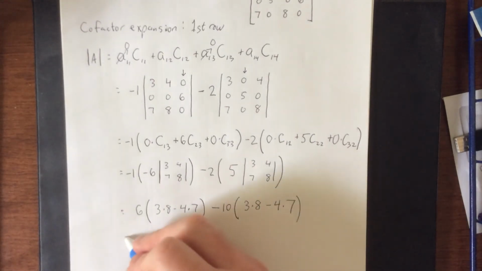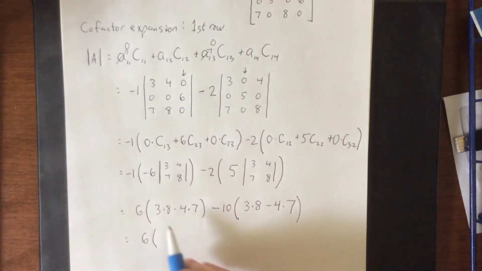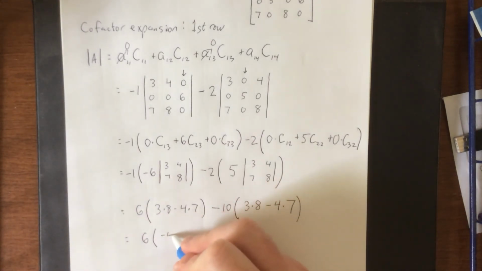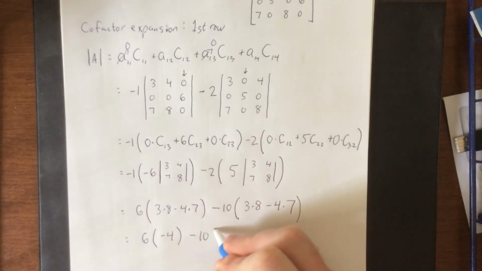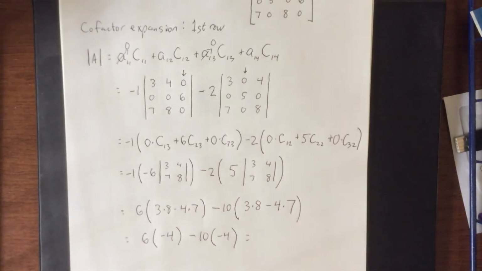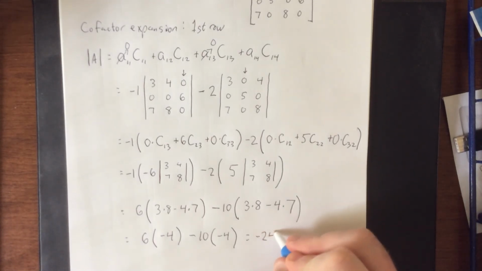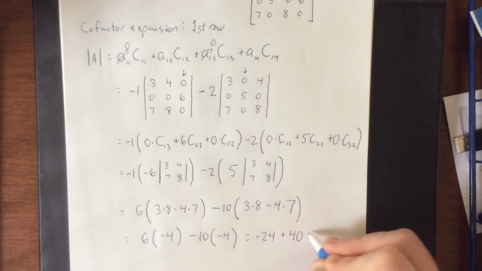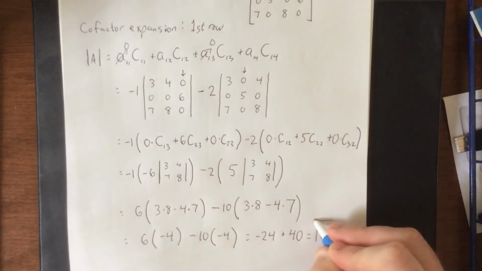Now continuing to simplify each of these, this will be 6 times 24 minus 28. And once again, 24 minus 28 for this one. Simplifying this as much as possible, I'm seeing -24 plus 40 for a final answer here of 16.